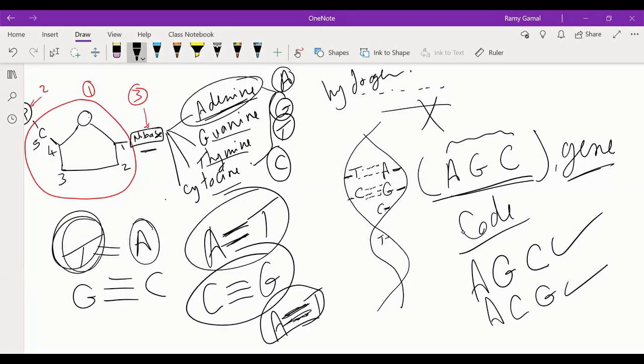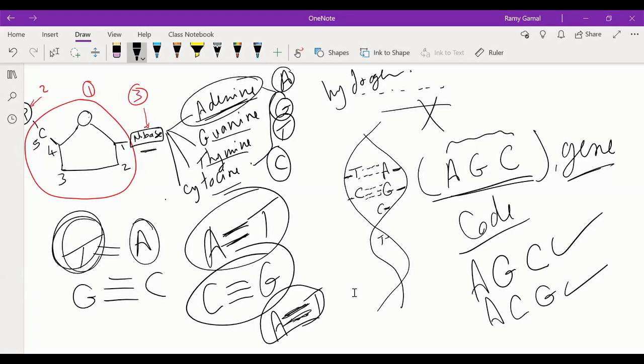So if we have A, G, C, T, A, that is for a certain gene. If we have A, G, C, A, it is another gene. So the gene is a sequence of these nucleotides.